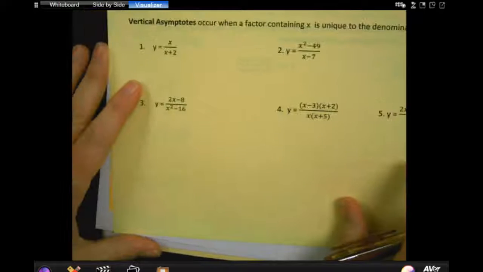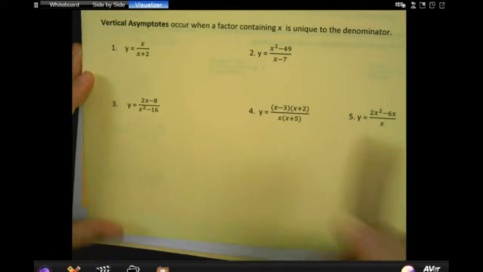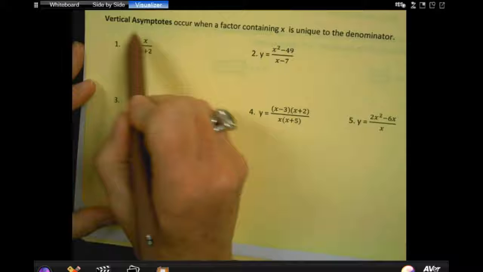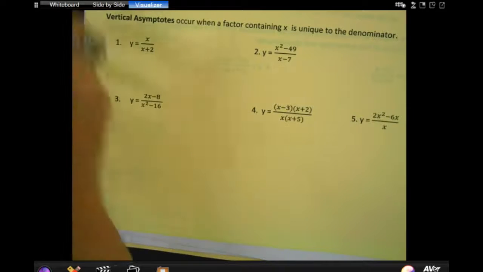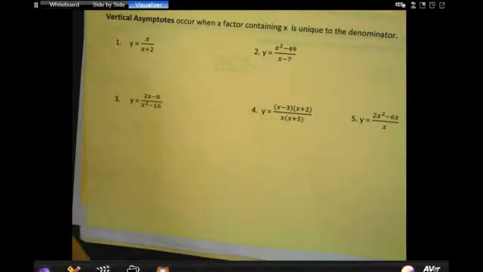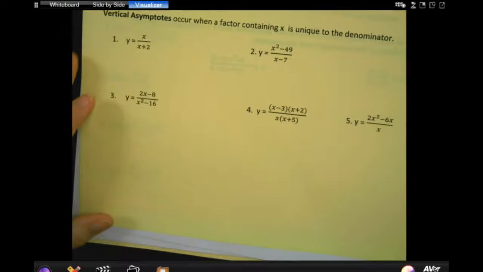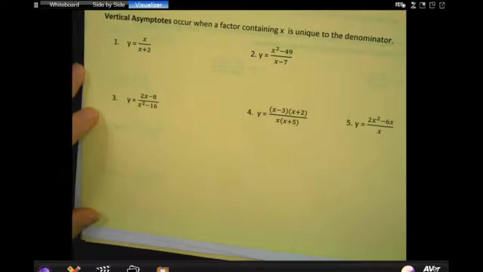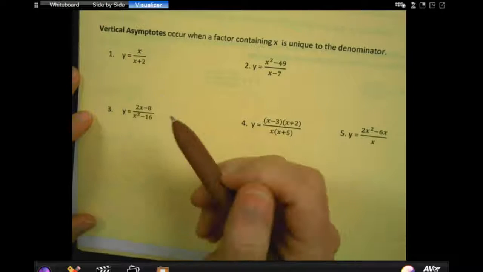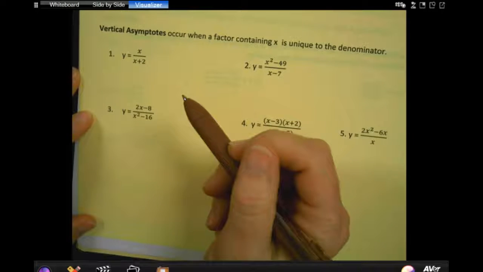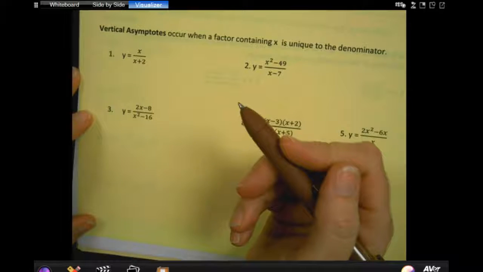Okay, so on the yellow paper, I'm starting on the part that says vertical asymptote. Cardarius, did you find it? The reason I'm starting with this is because this is what we did yesterday, except instead of excluded values, now we're going to call it a vertical asymptote.